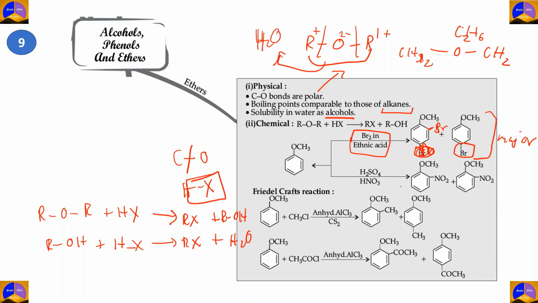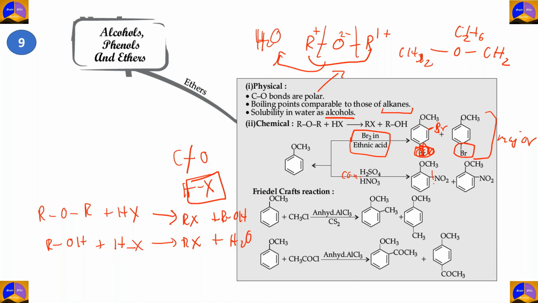Okay, and in the second reaction, the ether in the presence of concentrated H2SO4 and HNO3 yields these components. So what happens is nitration occurs. In nitration, anisole reacts with a mixture of concentrated sulfuric and nitric acids to give a mixture of ortho and para nitroanisole.